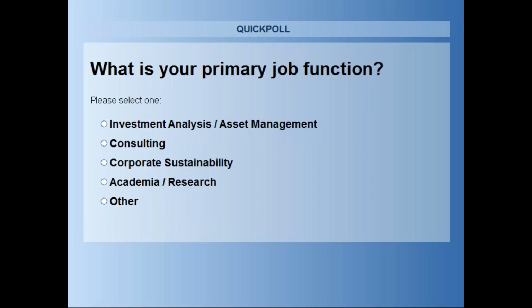All right, so you should be able to see it now. Are you in investment analysis, asset management, consulting, corporate sustainability, academia, or maybe another function altogether? We'll give you just a couple seconds to answer, and then we'll take a look at the results.